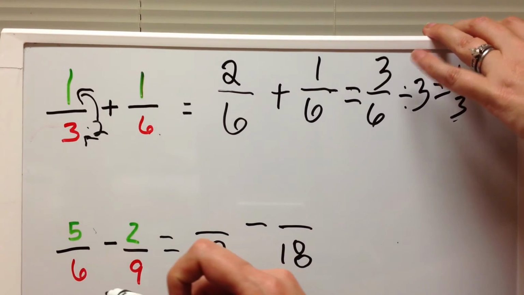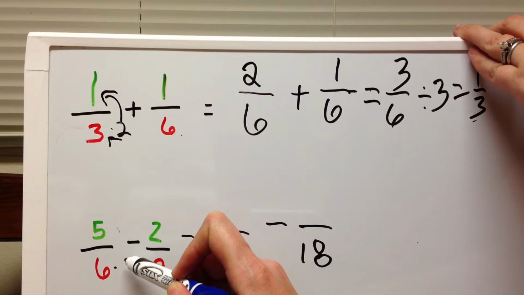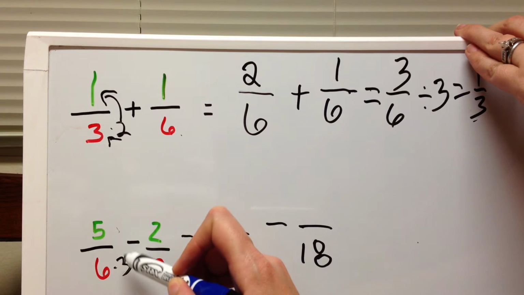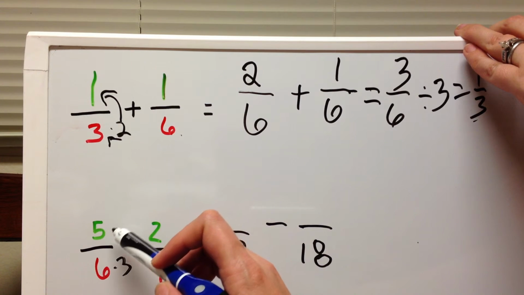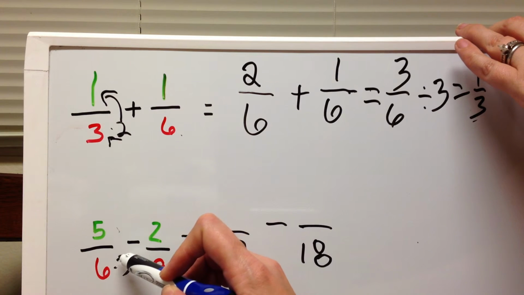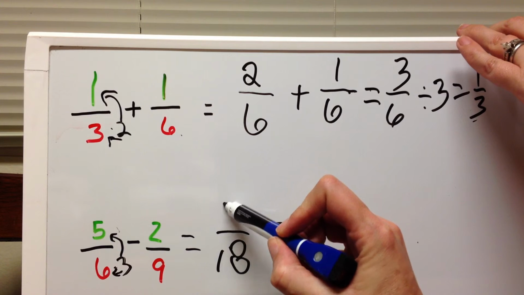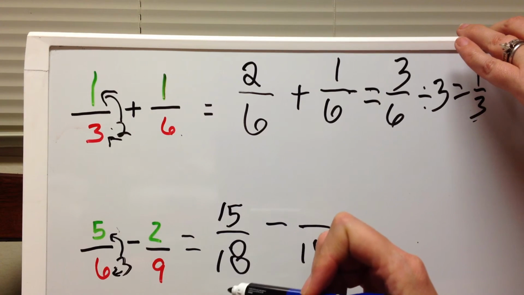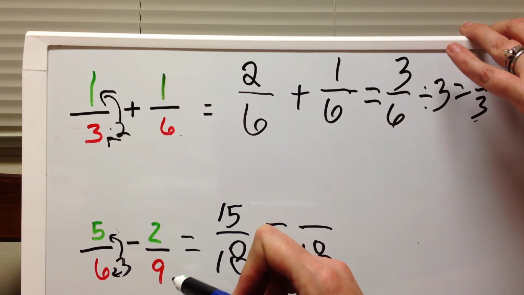So to get 6 to 18, we're going to multiply it by 3. So we multiplied 6 by 3 in our denominator. We have to multiply 5 by 3 in our numerator. So we have 15/18.